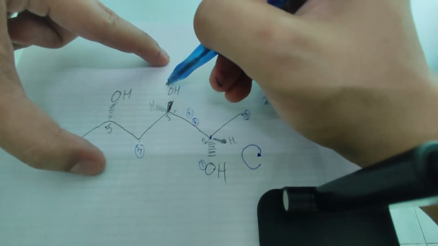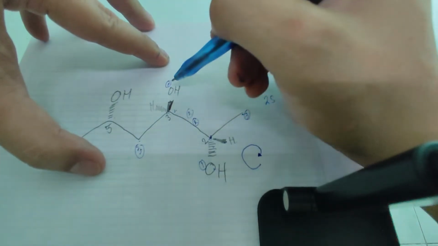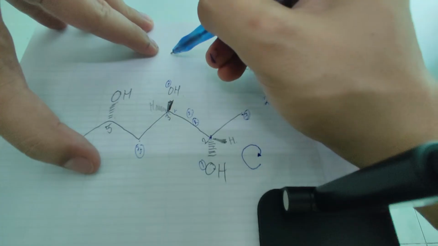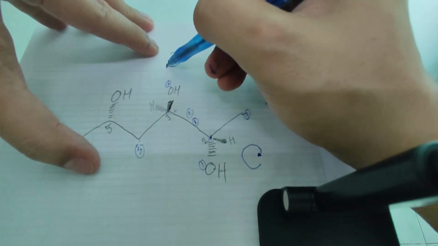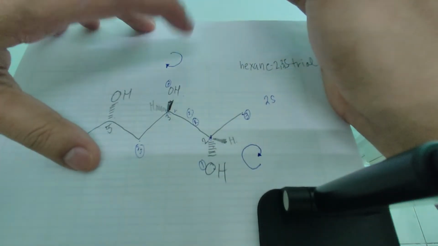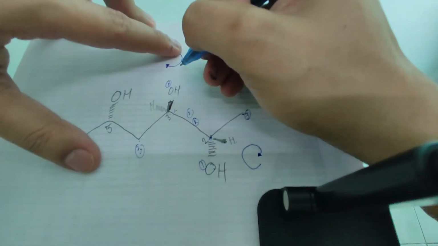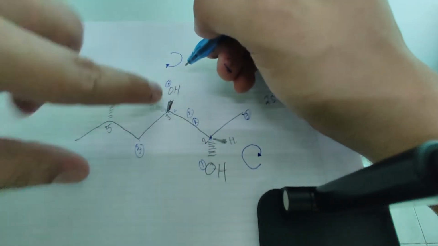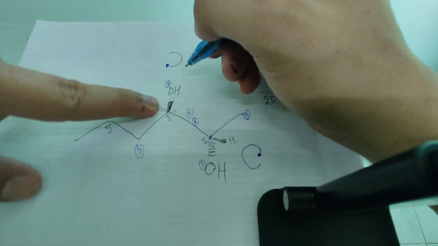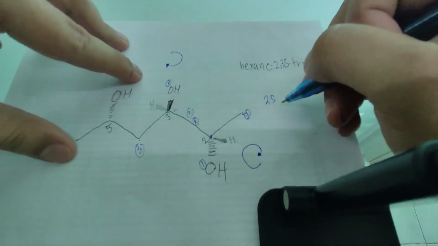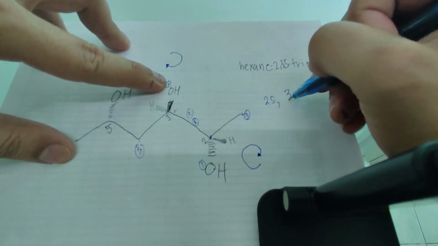So, what is the sequence now of your 1, 2, 3 priority? So, your 1, 2, and 3 ay naka-clockwise. So, this is an R. So, hindi na kailangang baliktarin dahil naka-dash naman yung hydrogen natin. So, this is a 3R.